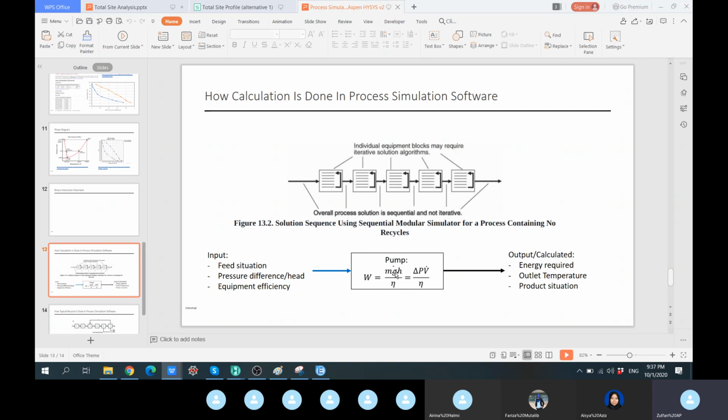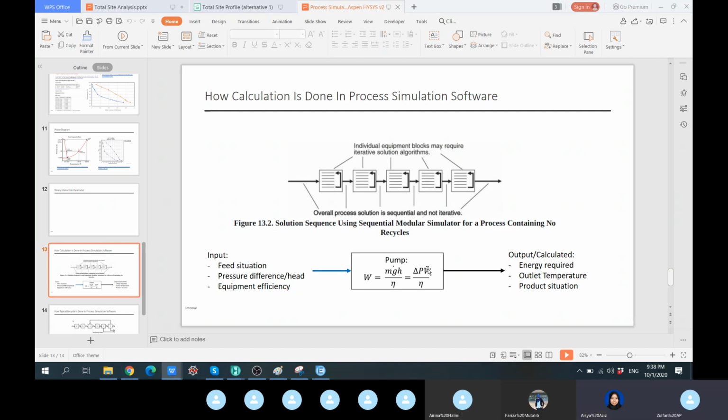But we don't know what the delta P is, we don't know what the efficiency is, or in this case, we don't know what the head is. Hence, we cannot calculate the W. So we have one equation, and then we have only one known.